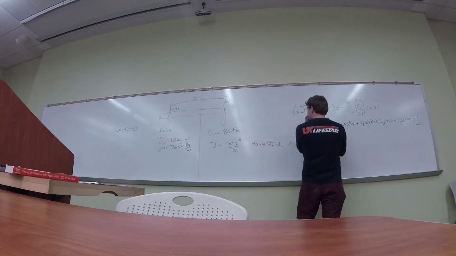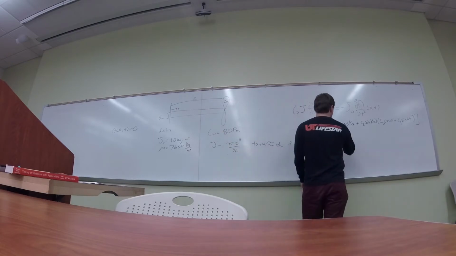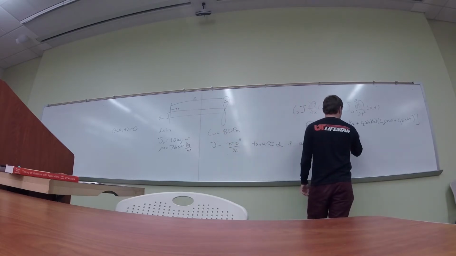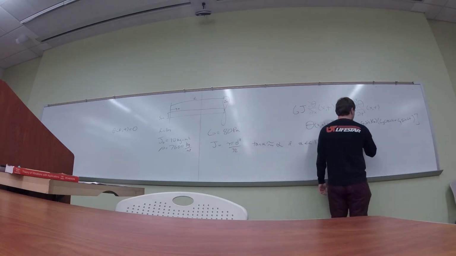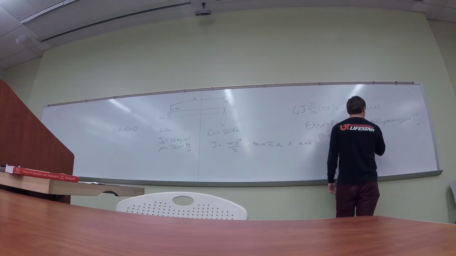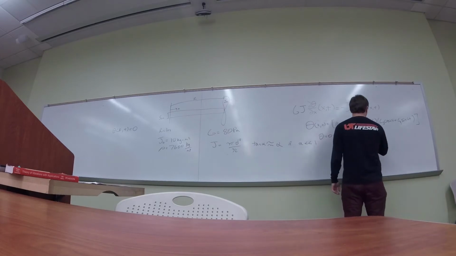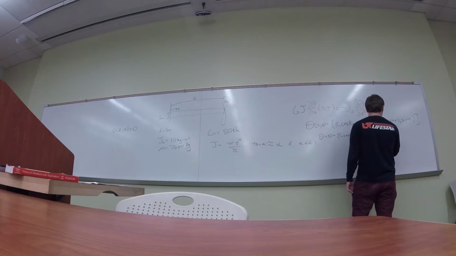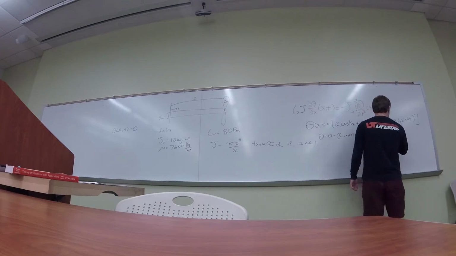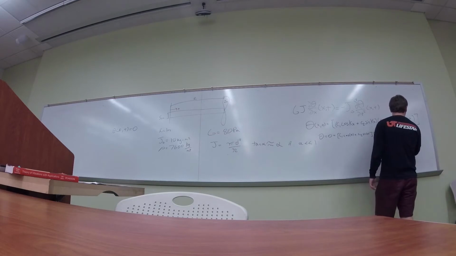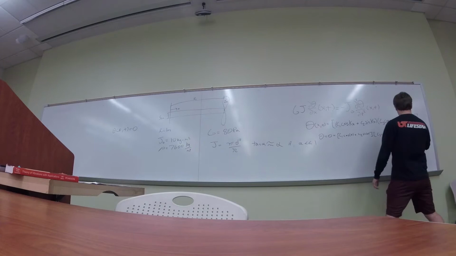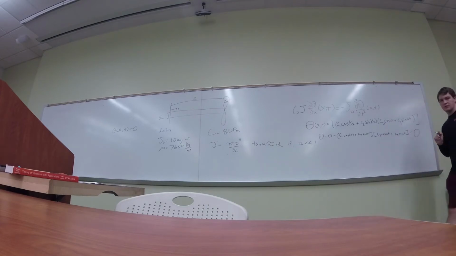So we said with 0 position, we go through this: C1 cosine 0 plus C2 sine 0, times C3 cosine omega t plus C4 sine omega t, equals R0.